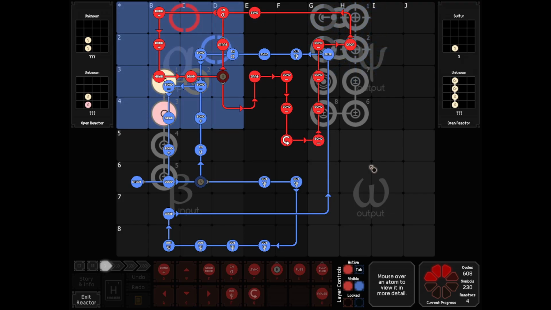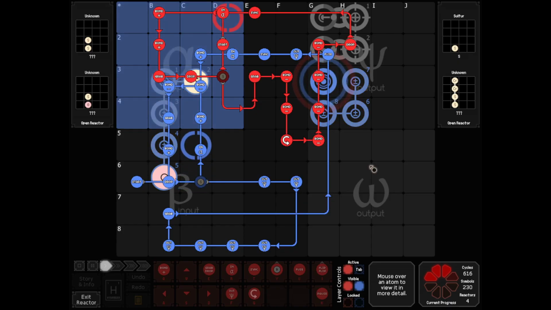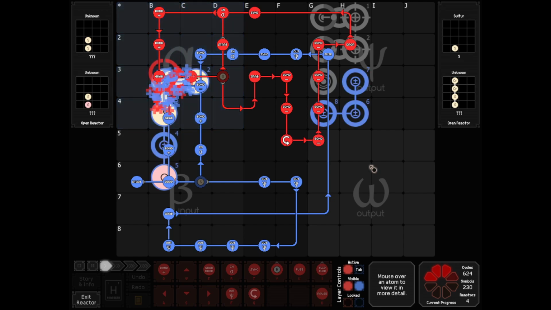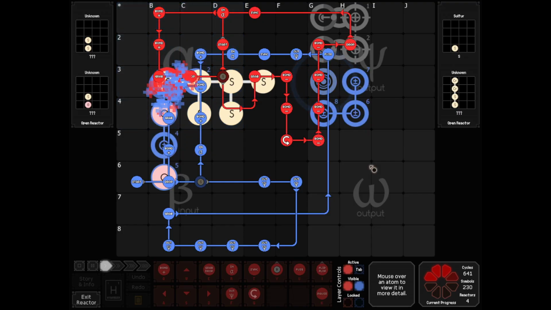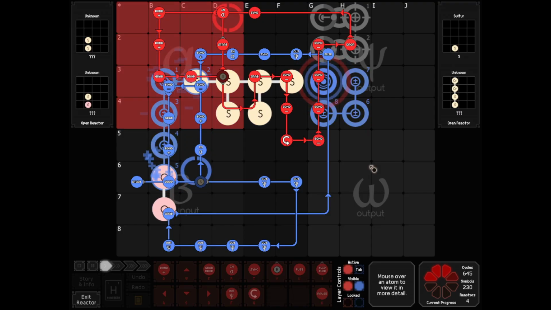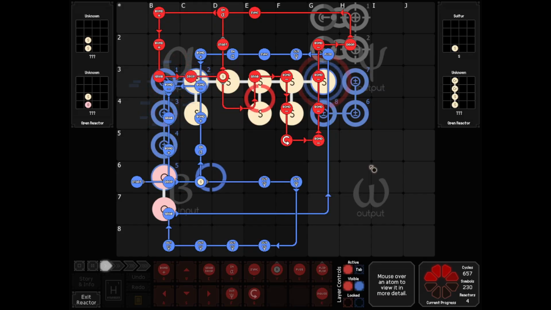This one does care about the input buckets. Yeah, the top one does care. So yeah, this reactor assumes that for every 8 sulfur, you get 2 oxygen. Yes, it does. This one is abusing the input bucket.